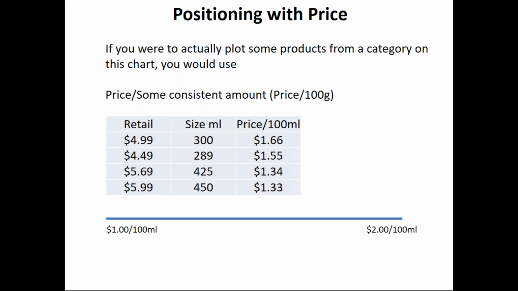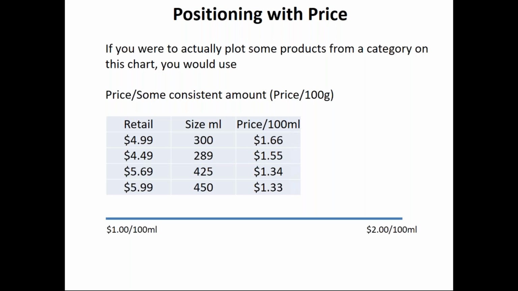So you take the retail price point and the size of the product. Let's say we have a product that's $4.99 and the size is 300 milliliters. Then the price per 100 milliliters is $1.66. That's simply $4.99 divided by 300 times 100.